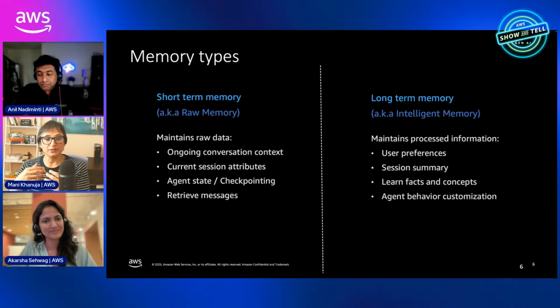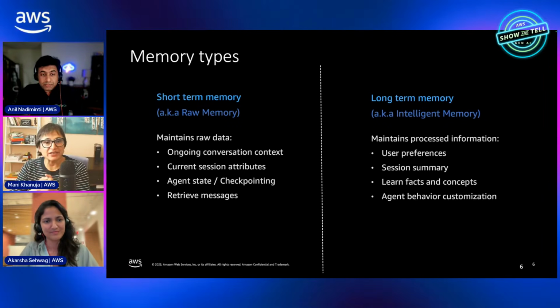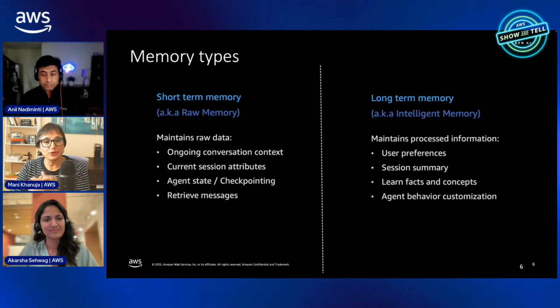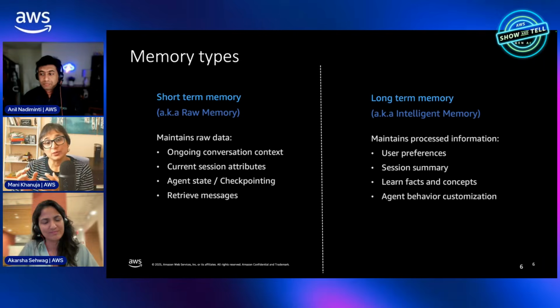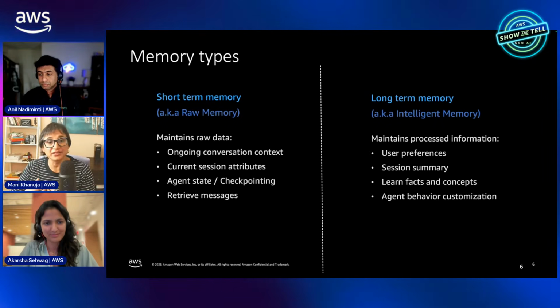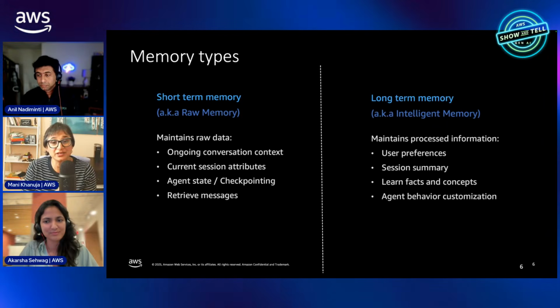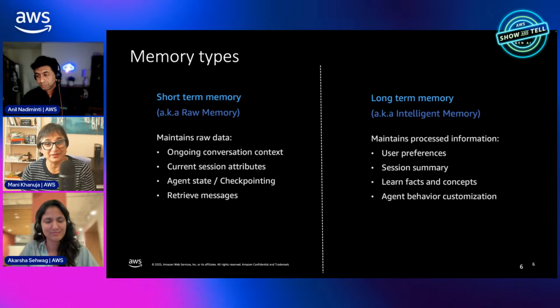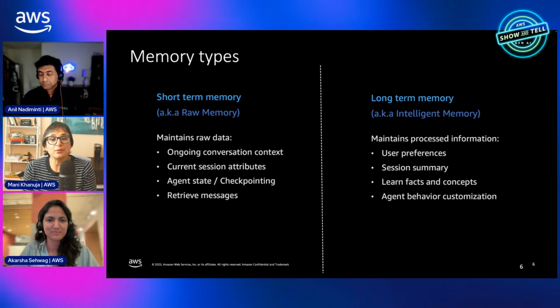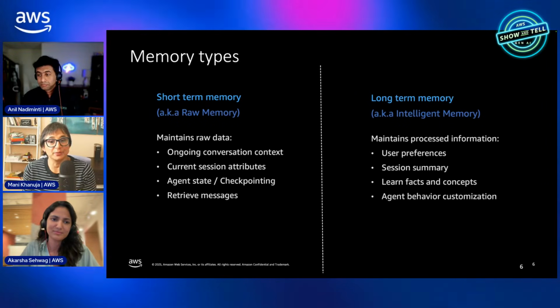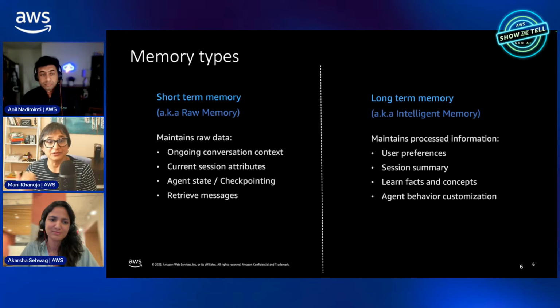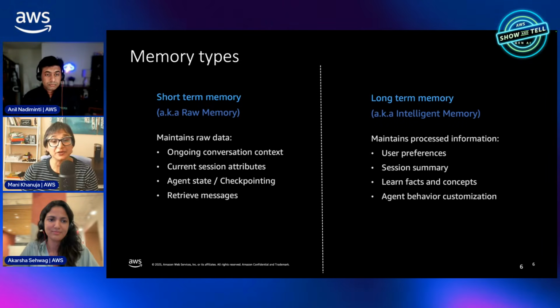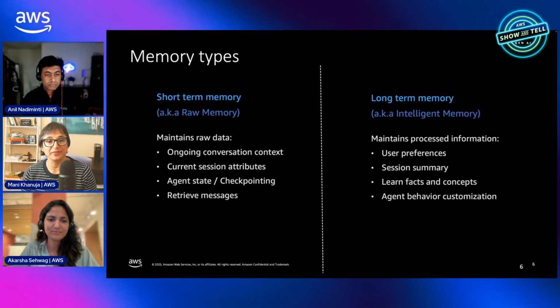When I'm talking to the agent, there is an ongoing conversation that I'm having, and I want to store and retain that ongoing conversation, which will include the user question, the response that the agent is giving back, sometimes tool information, and most importantly, I might want to store my agent state so that it can resume from that if something goes bad, right? Or I might also want to do checkpointing to make sure that I can resume from that particular state and retrieve those messages while I'm talking to the agent.